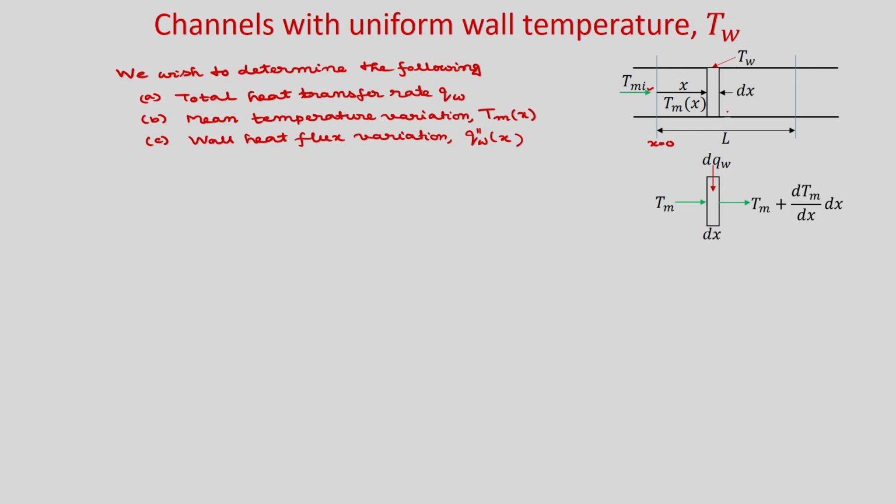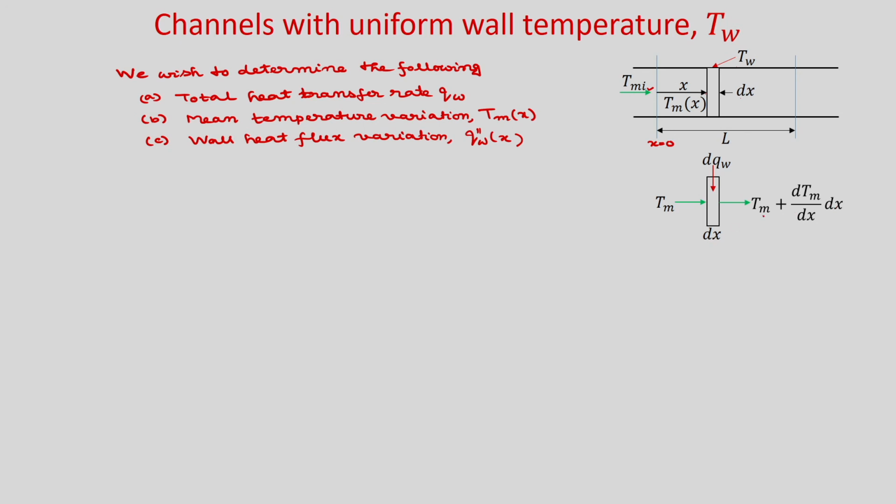So, now in this region you consider one small elemental volume at a distance x, of length dx. At the inlet of this elemental volume we have the mean temperature T m. At a distance dx, using the Taylor series expansion, you can write T m plus dT m by dx into dx.